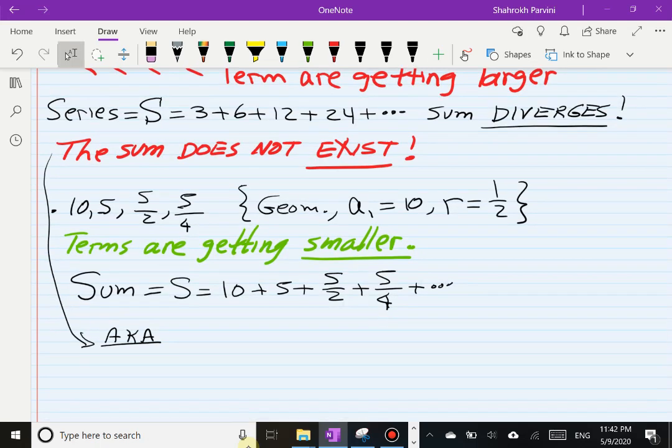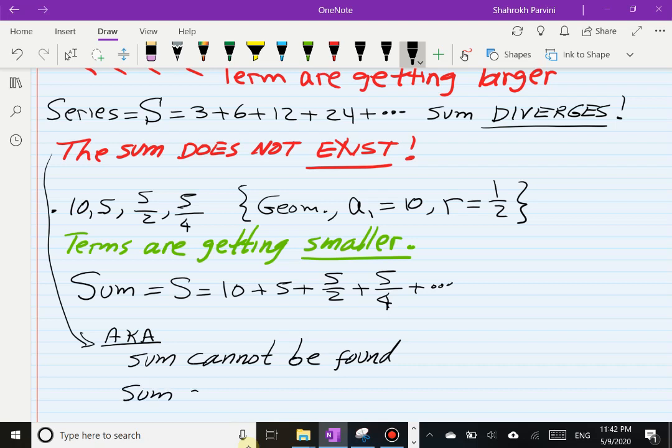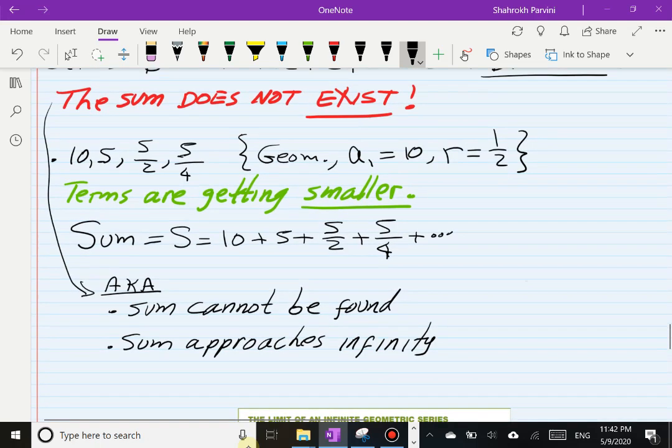We can say the sum cannot be found, right? Because they're too large. I'm looking at again the example directly above this one, the one we just did. And we can say the sum approaches infinity. All these are telling the same thing. All of these so far mean the sum doesn't exist.